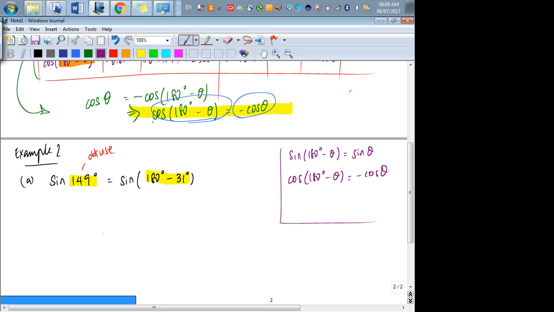So making use of these results, what is sine 180 degrees minus 31 degrees? Before you use your calculator and tell me the answer, what do we have? This is equal to sine 31 degrees. Okay, this is how we are converting. So this is in yellow. Okay, any questions with this step so far?